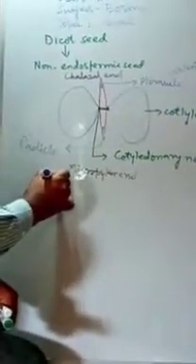This plumule gives rise to the stem. This radicle gives rise to the root.